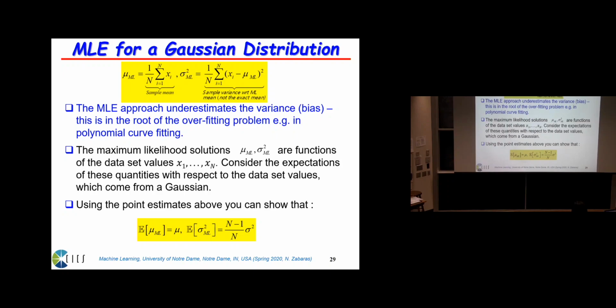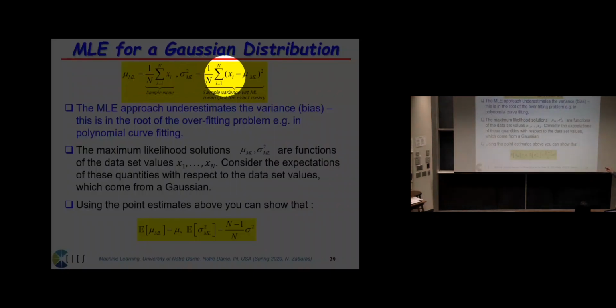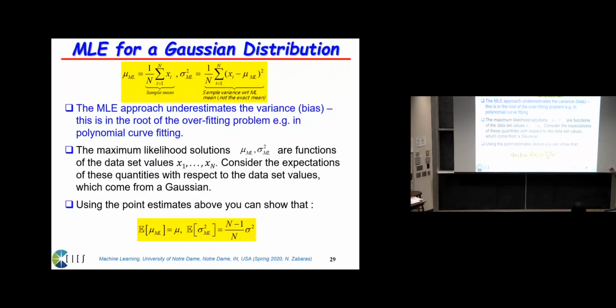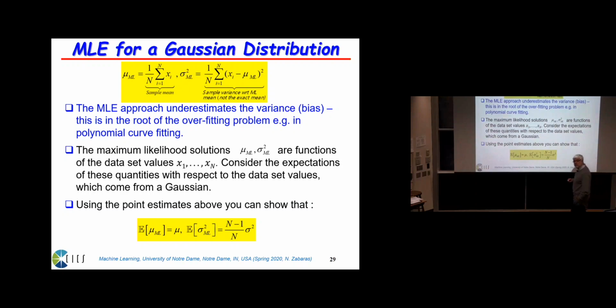So these are random estimates because xi is random. If you take the mean with respect to the distribution of the data of the MLE estimate of the mean, what's the mean of xi? Xi comes from a Gaussian that has a true mean mu and a true variance sigma square.